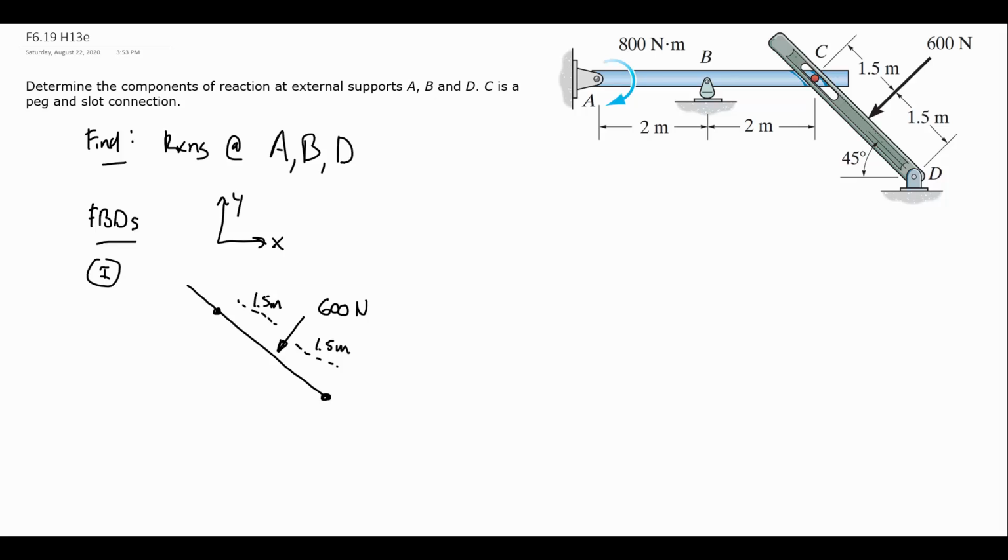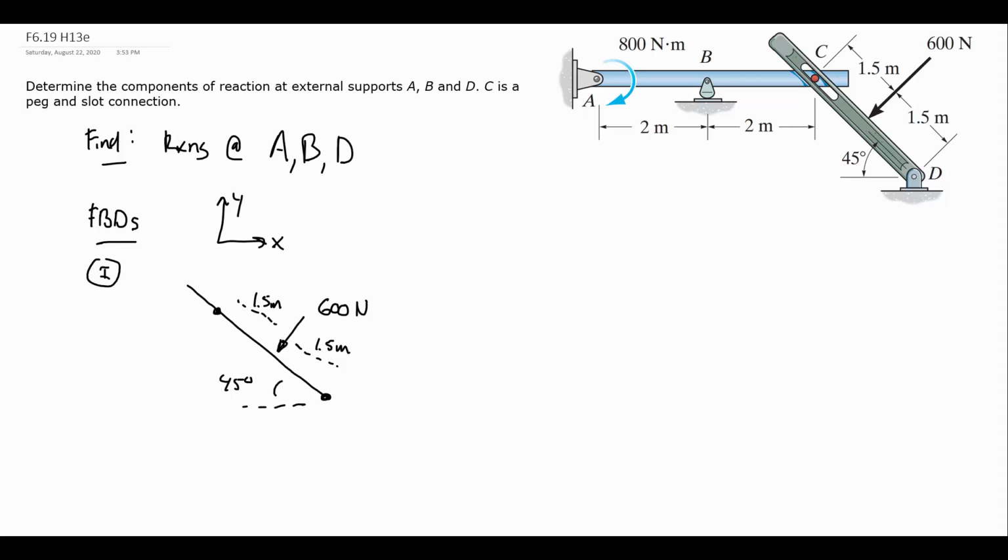That is acting on ABC. Through the connection point at C, it will be affected by it, but that's not going to be in this picture. And this is making a 45-degree angle with the negative x-axis. I copied exactly that external applied load, the 600 newtons.